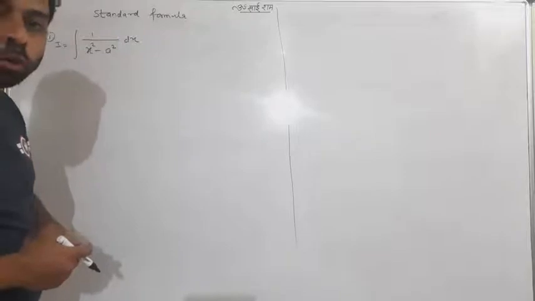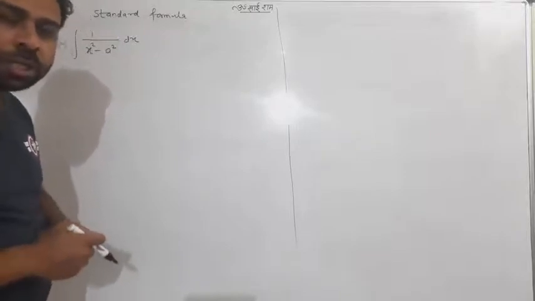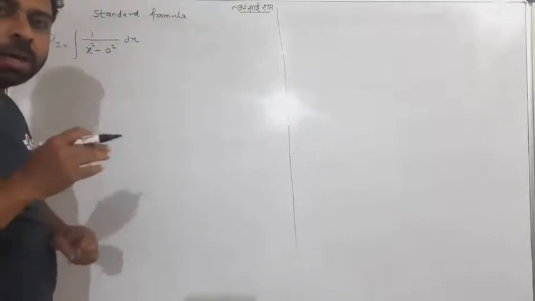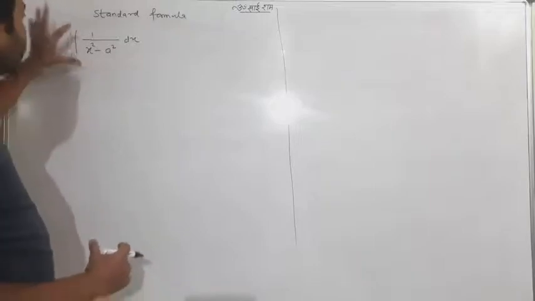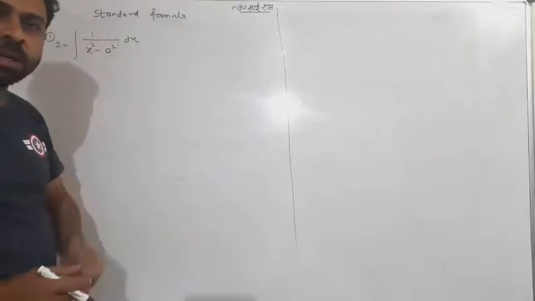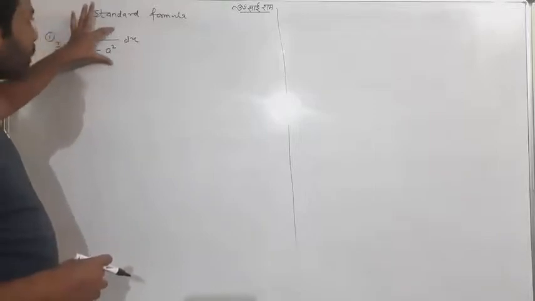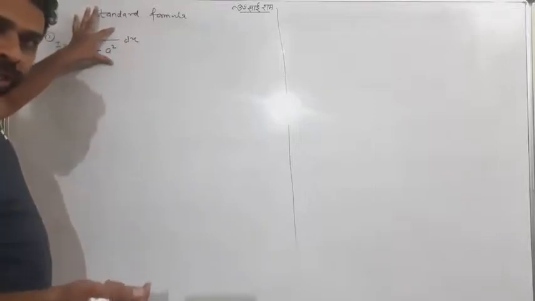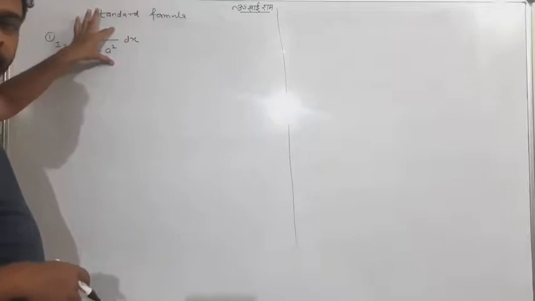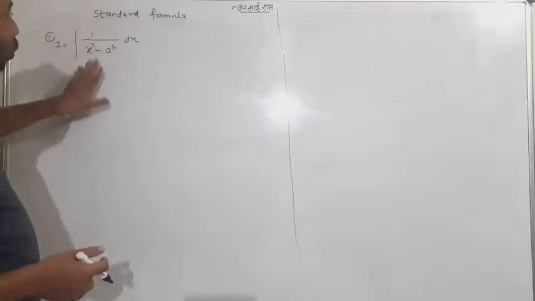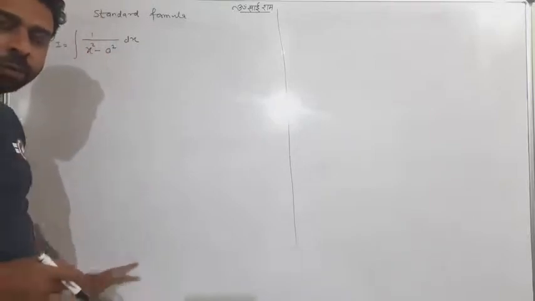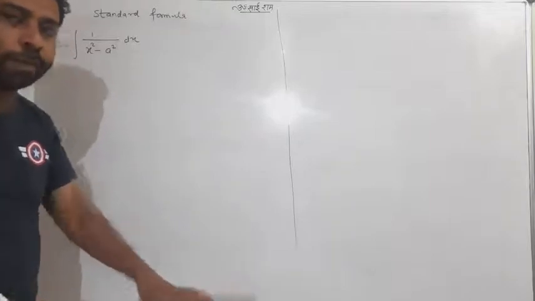Actually, it is a formula, but you have to prepare this as a question, because the same thing can come in the exam. So see this as a question as well as a formula, and I will tell you both: as a question, how to deal with this, and lastly, whatever we obtain will be a formula.